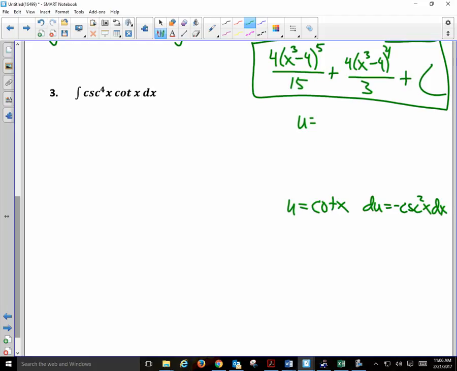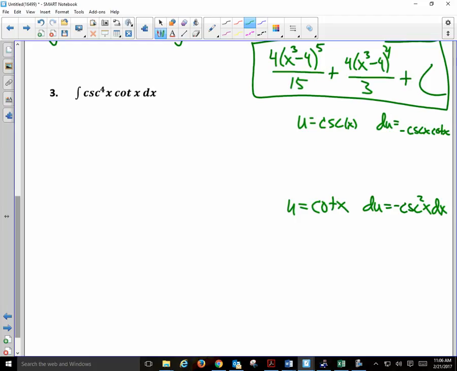Sometimes people choose u to be cosecant, and du is then equal to, what's the derivative of cosecant? Negative cosecant cotangent. You see that you have a cotangent, but people don't feel that they have a cosecant.